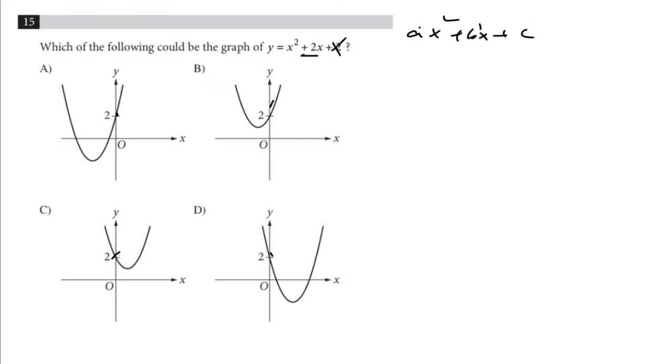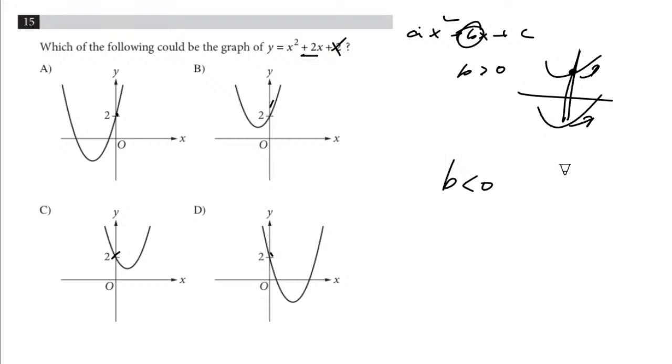If b is more than 0, then the function should go like this or this, like once it crosses the y-axis, it goes up. If b is less than 0, it crosses downwards.